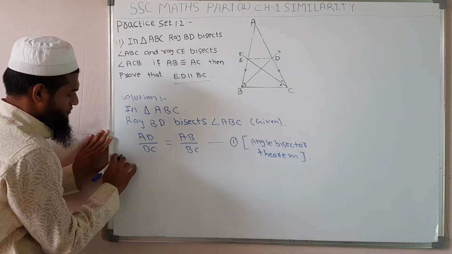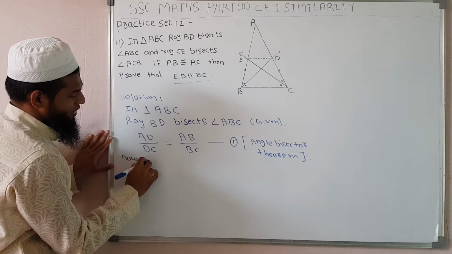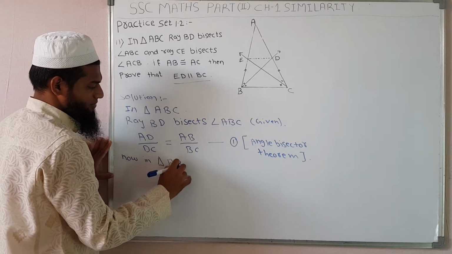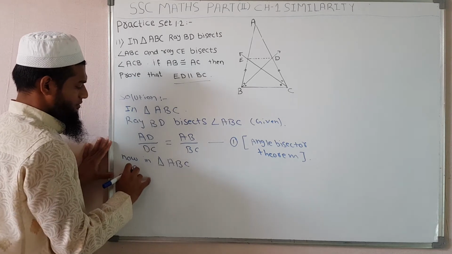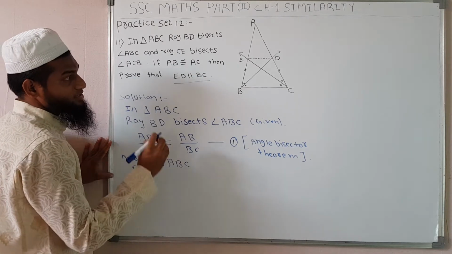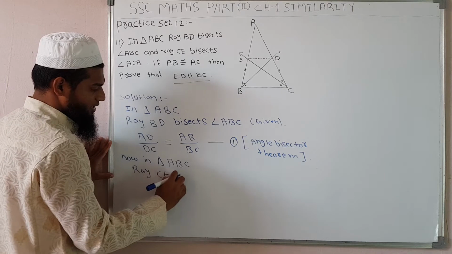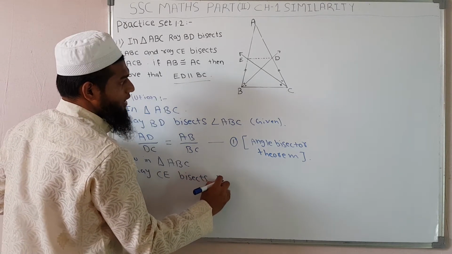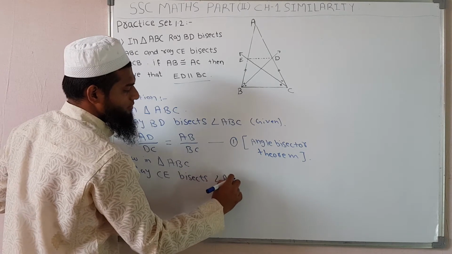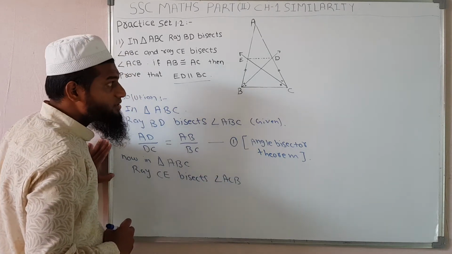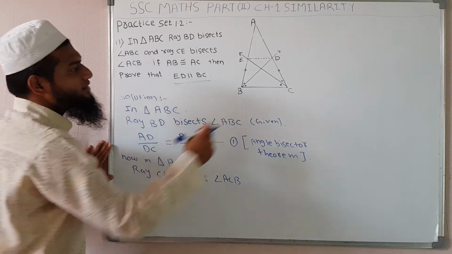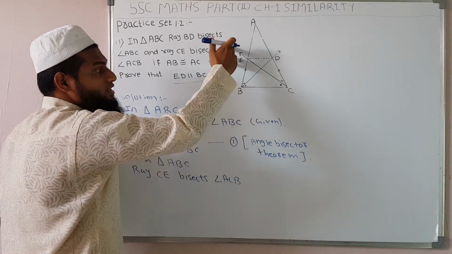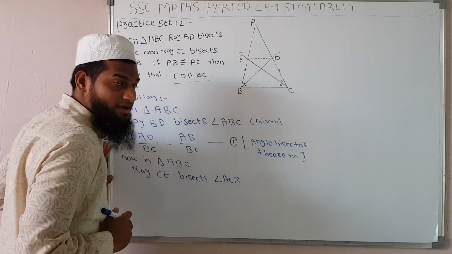Now, in triangle ABC, same, ray CE bisects angle ACB. Then what we can write is that this is CE, and the opposite side of this angle is divided in the ratio of the remaining two sides of that triangle.